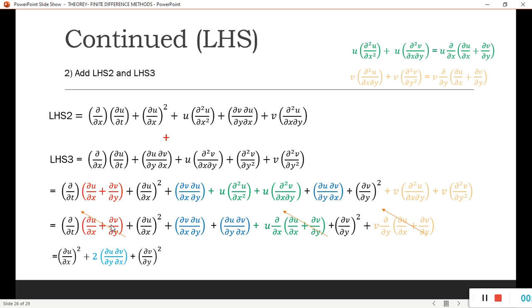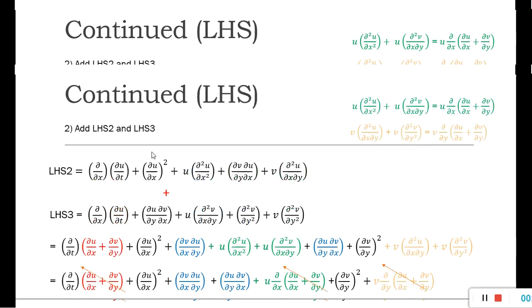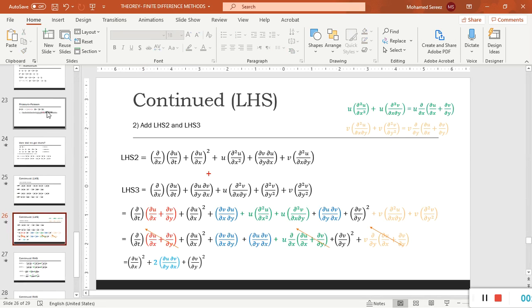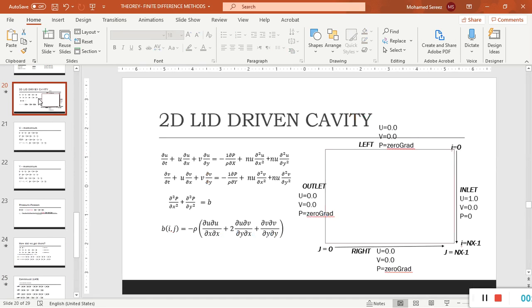So one way of tackling this problem is to keep this term retained in the pressure Poisson equation. You will know what I'm talking about when we go to the final equations for the 2D lid driven cavity.